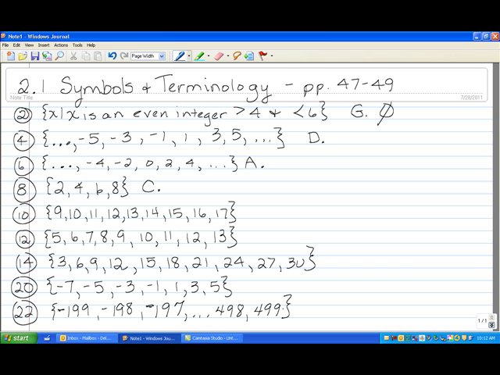Sometimes they make us think about our history, like in number 24. Let's see if we can figure that one out. Let's see if Ms. McCormick can figure that one out. The set of U.S. presidents who served after Richard Nixon and before Barack Obama.